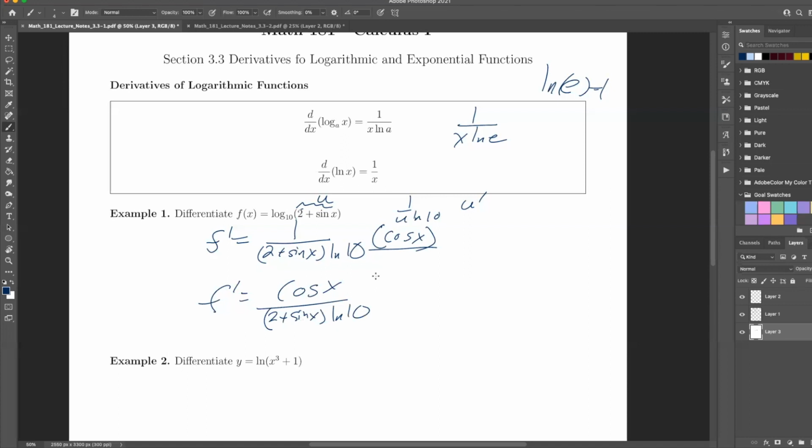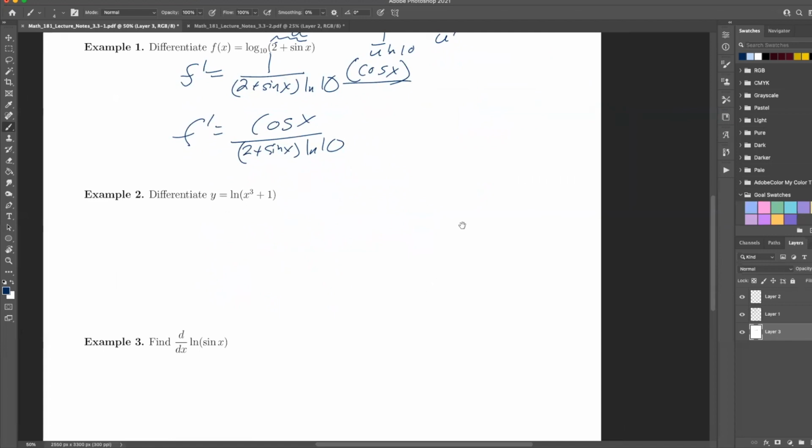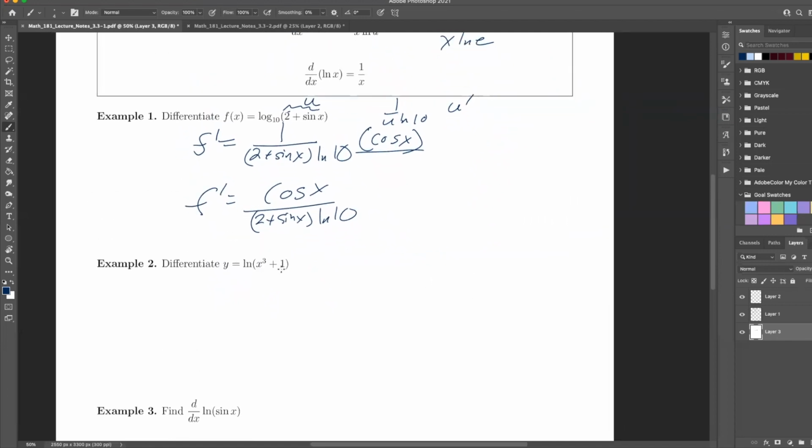Okay. All right. Let's do this again. Here we're going to take this derivative. I'm going to change this to u, so it'd be 1 over u. So here, y prime is equal to 1 over x cubed plus 1 times u prime.